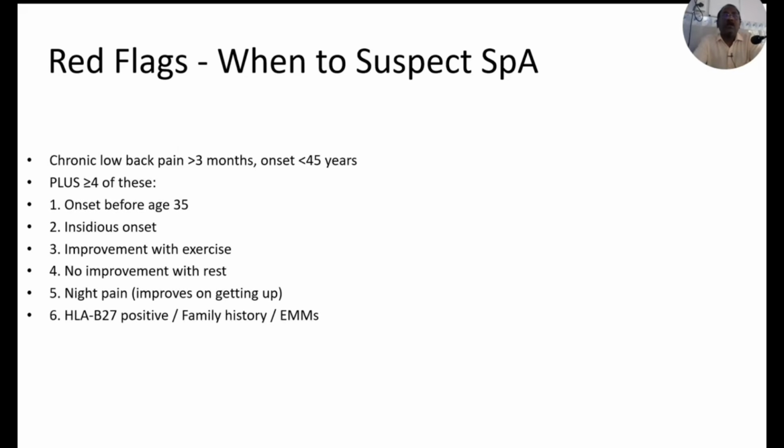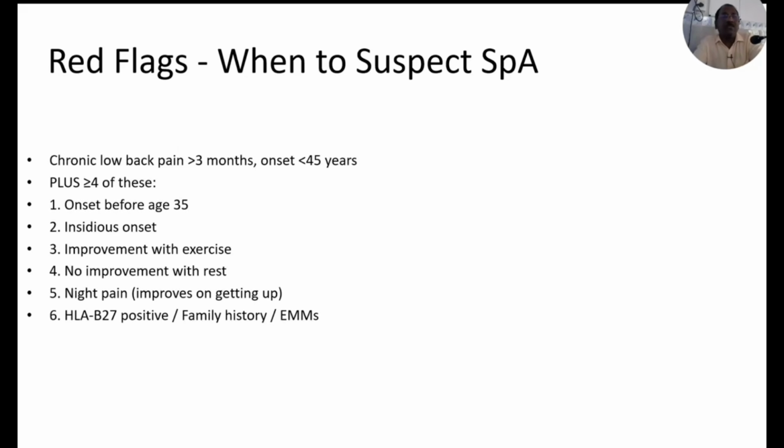So when to suspect spondyloarthritis? It's very important to diagnose the spondyloarthritis because you are improving the mobility, and you are reducing the morbidity, and also you are reducing the extra musculoskeletal manifestations by proper diagnosis. So any chronic backache more than 3 months, onset less than 45 years of the age group, plus 4 of these factors.